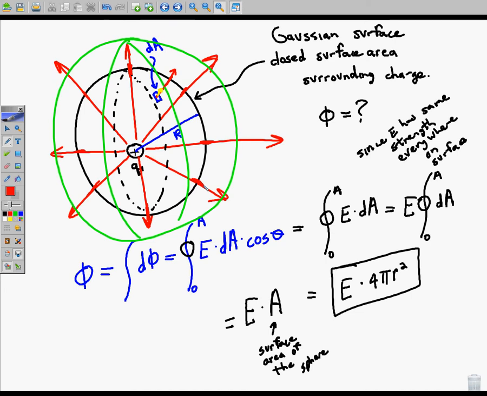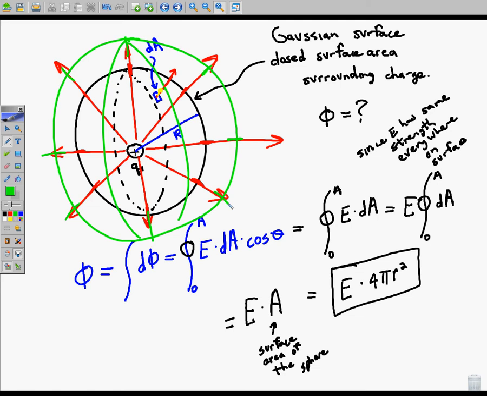How many are going through the green one? 1, 2, 3, 4, 5, 6, 7, 8. You missed the other ones up top. There's a little one in between, the little mini one. Oh, that one? Yeah, you missed that. All right, well then, anyway, it's the same. The amount of flux is the same.